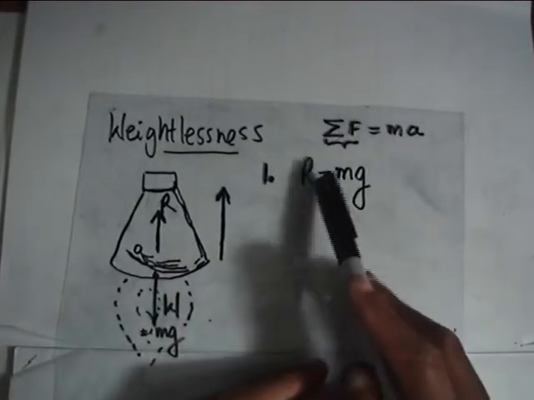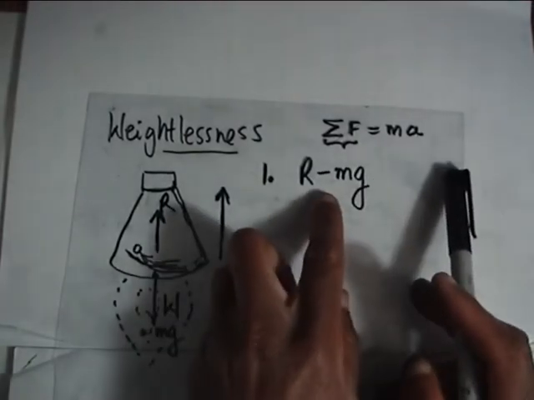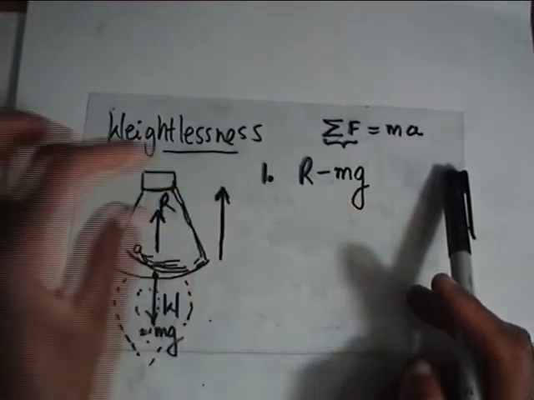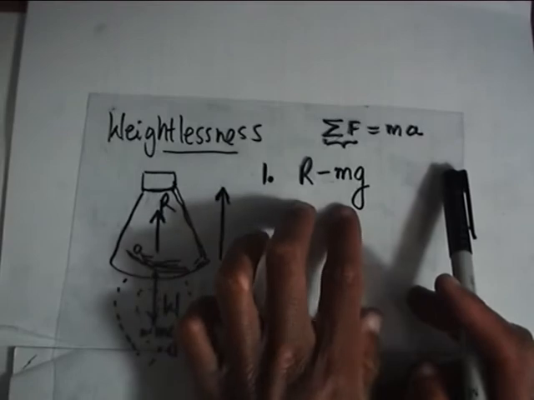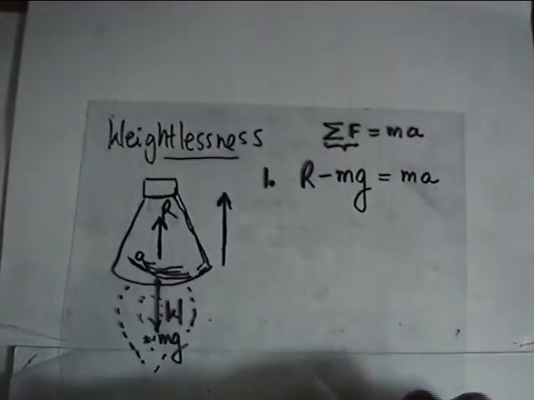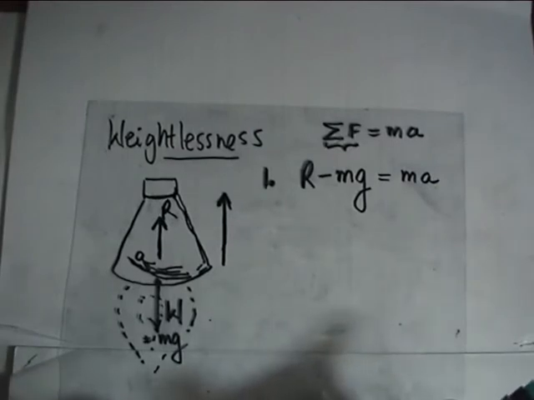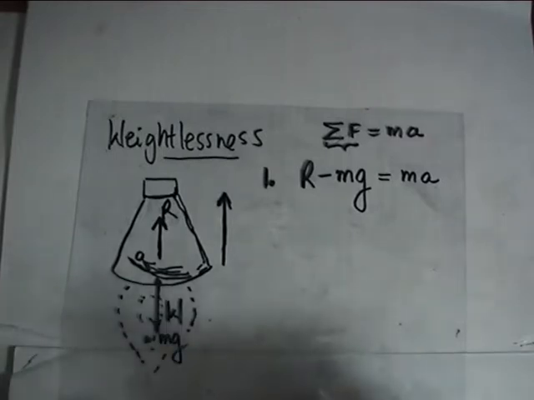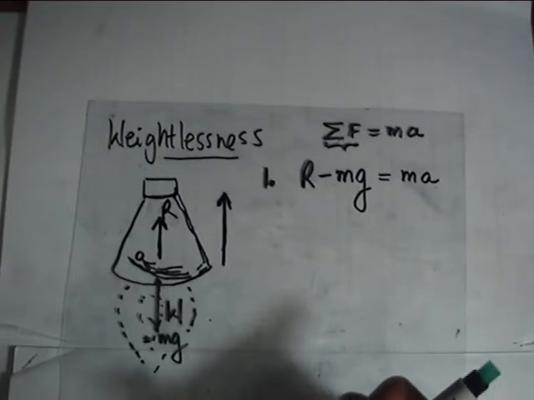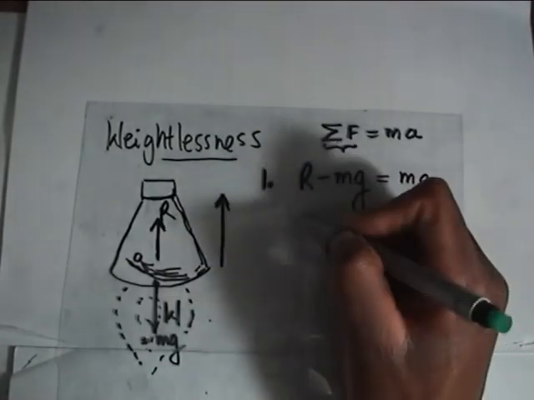So this is how we calculate the resultant: the top forces minus the bottom forces. This will be equal to ma. Now we are given some data from NASA that at launch, the acceleration of the rocket is usually 15g.